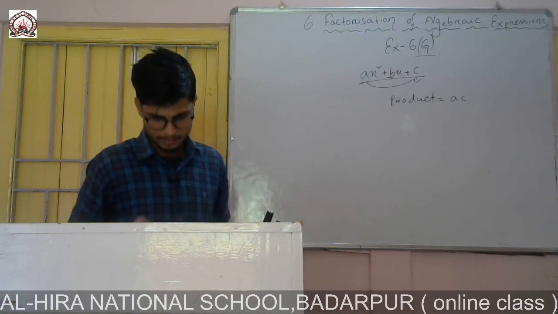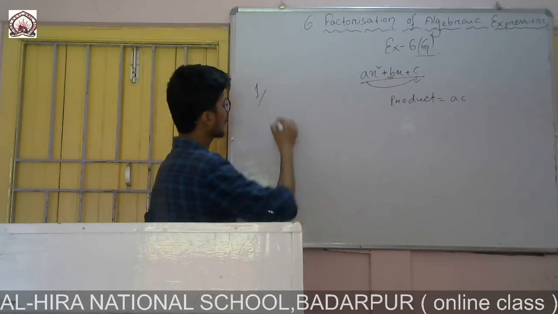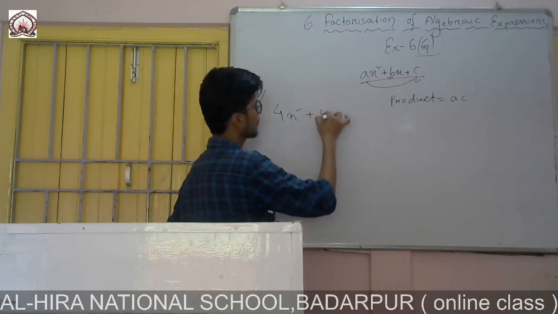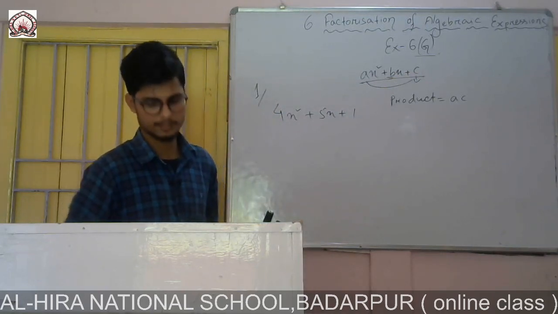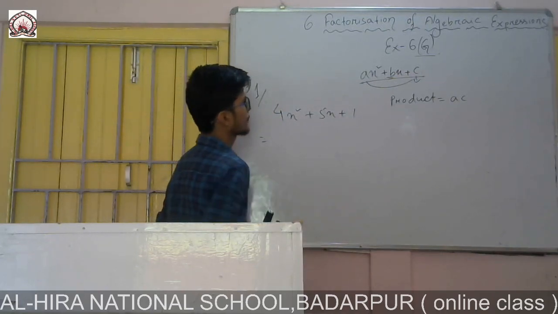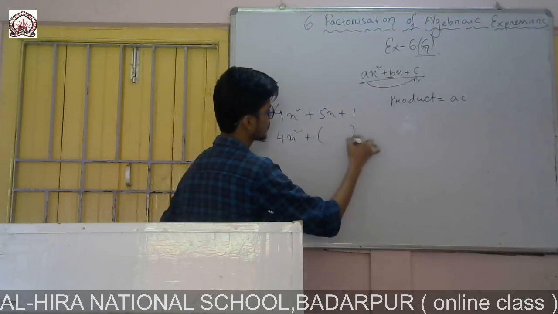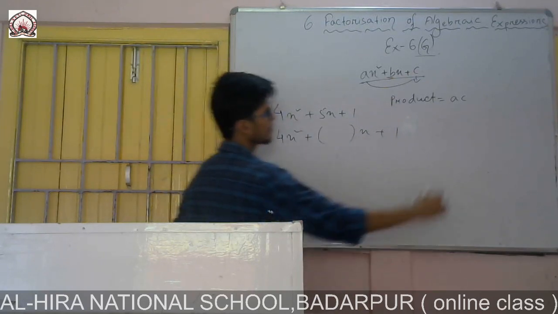So let's start. Question number 1, you see, 4x square plus 5x plus 1. You will write it first, 4x square, leave this one, write x, and at last 1. So 4 into 1, it is 4.